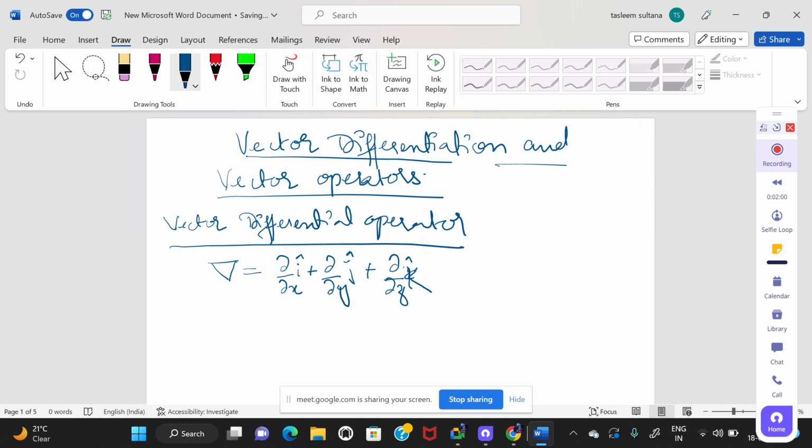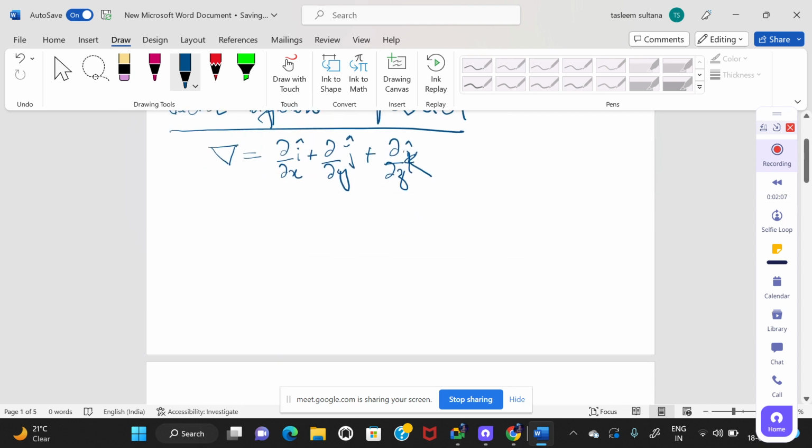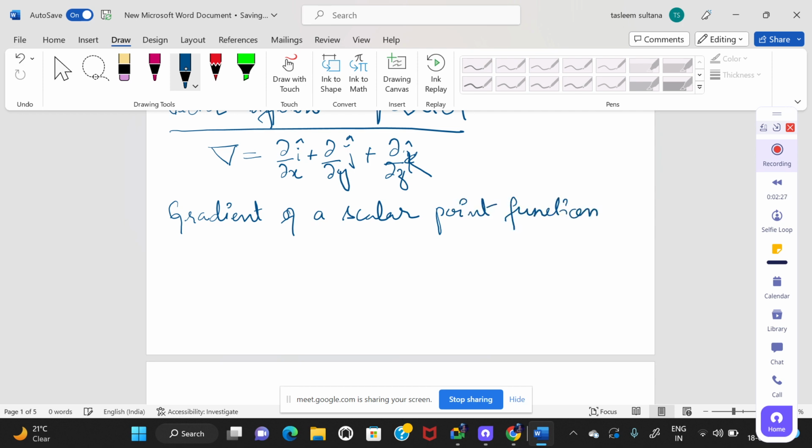Next, gradient of a scalar point function. Write down the definition.